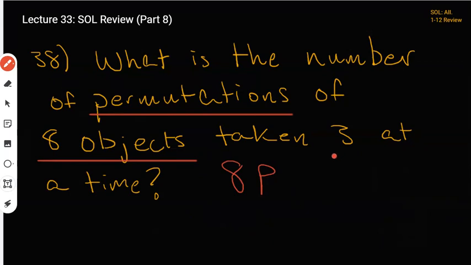How many am I choosing at a time? 3. So I need to find out what 8P3 is. Now, if you put it in the formula, you could do it like this. And you can figure out what that is. Or you could type it into Desmos and it'll figure it out for you.